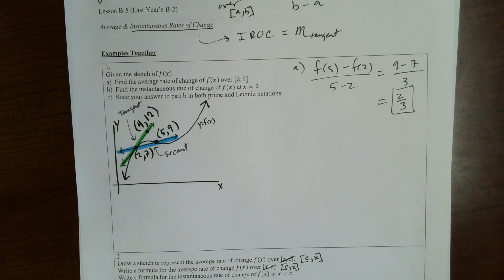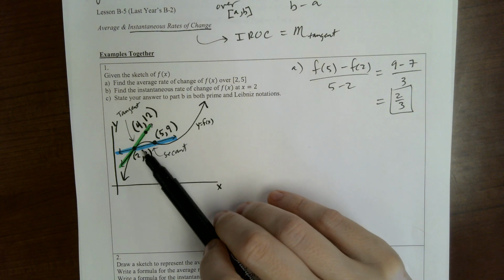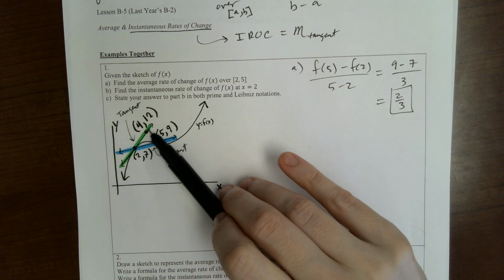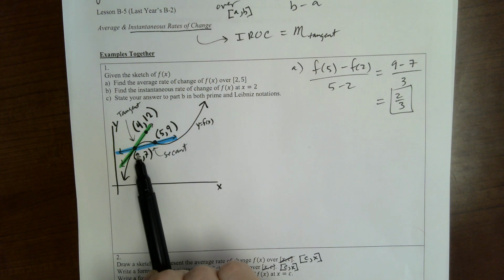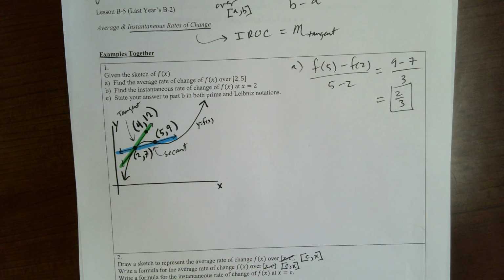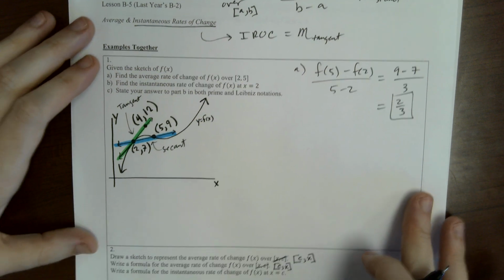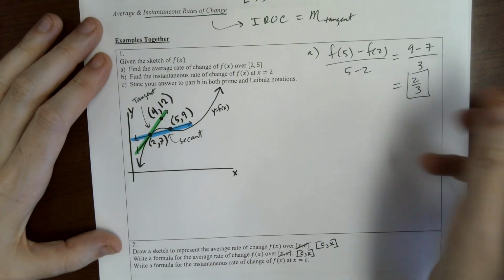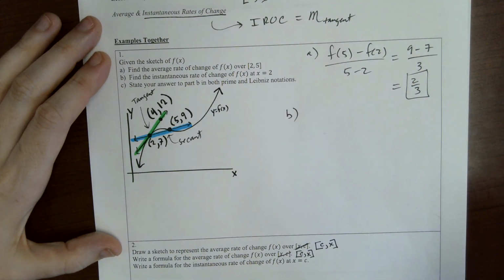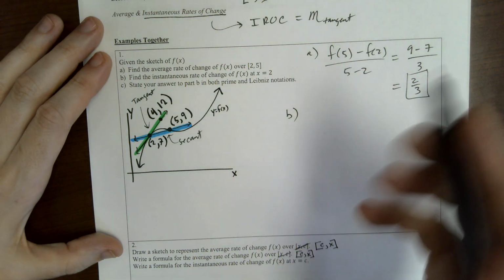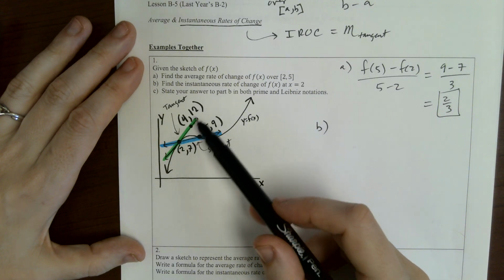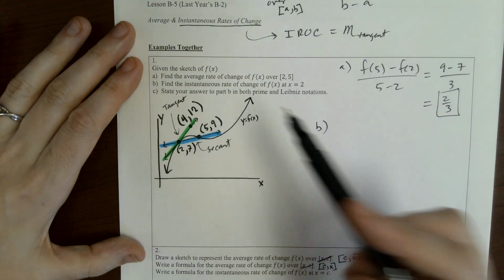Now, the instantaneous rate of change is the slope of this tangent line. So this is going to give us the rate of change at the x value, x equals 2. Okay, so for this one, this is part B, we'll just do y minus y over x minus x for these two points.